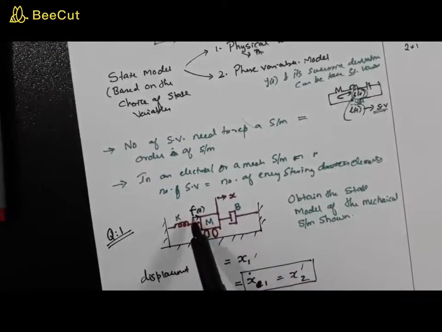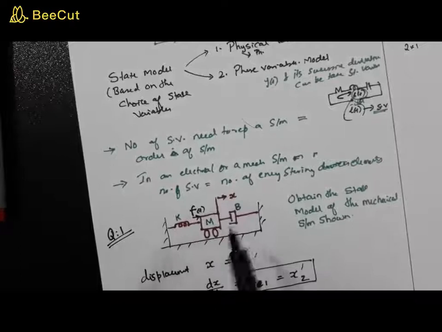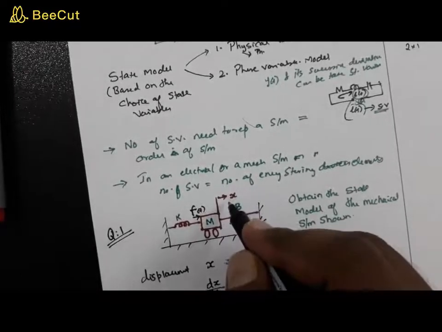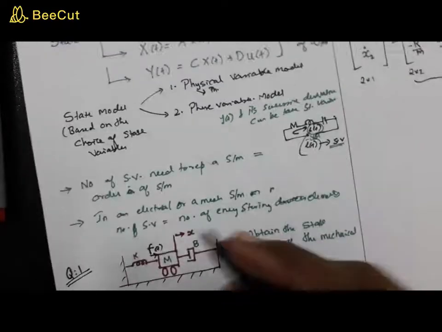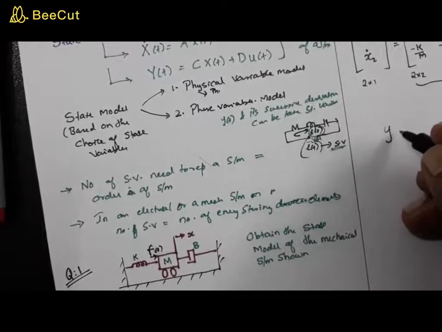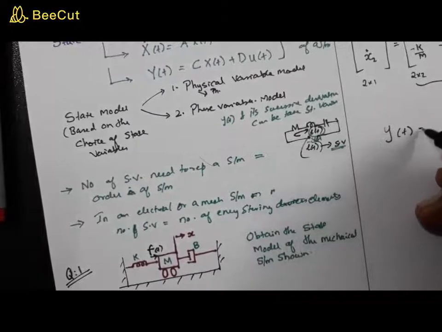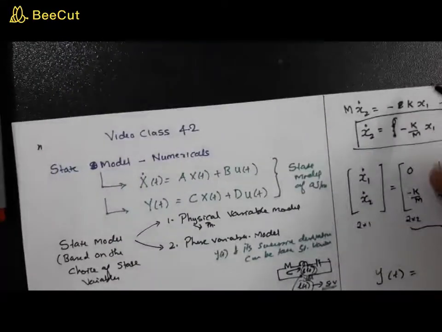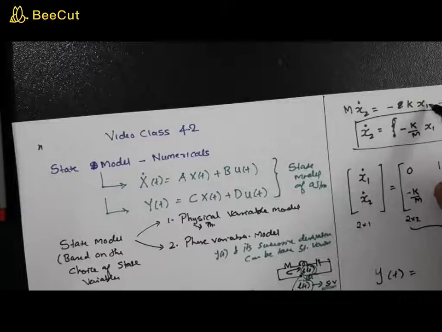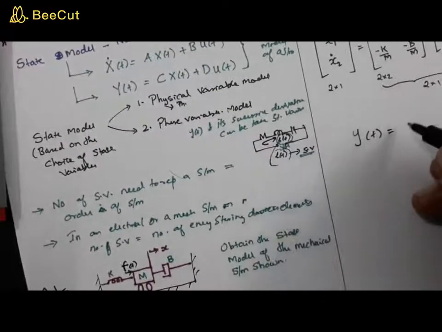Now look at this mechanical system. This is the input, and what is the output of the system? The output is actually your x. So y of t is equal to x, and there is nothing wrong in putting the (t).